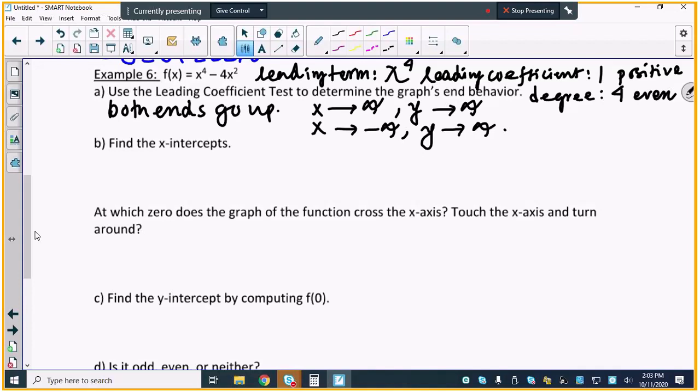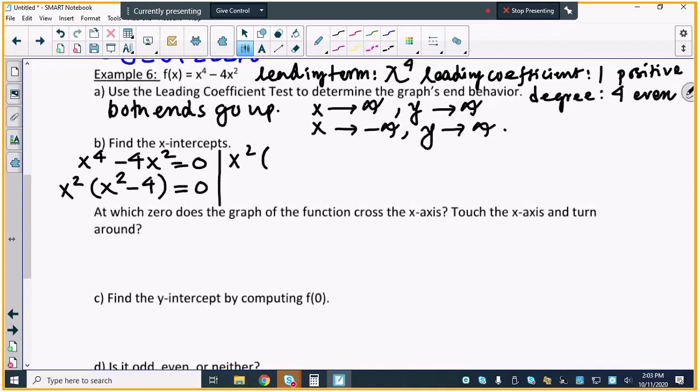Find the x-intercepts. So I need to know the zeros of this polynomial function. So we'll say x to the power 4 minus 4x squared equal to 0. And now what I need to do is factor. So factor out x squared because that is present in both terms and you get x squared minus 4. Then improvise a little bit.